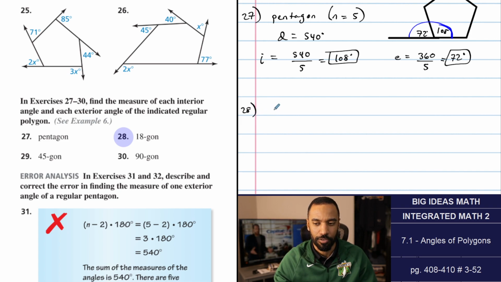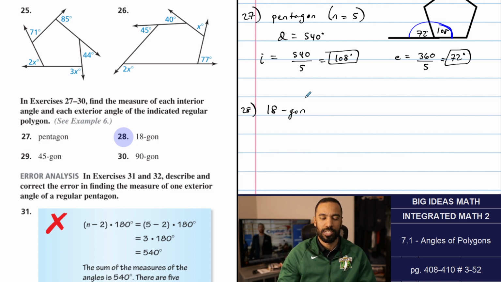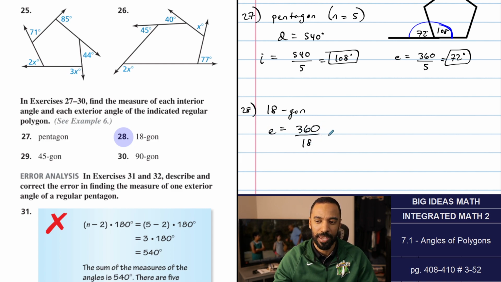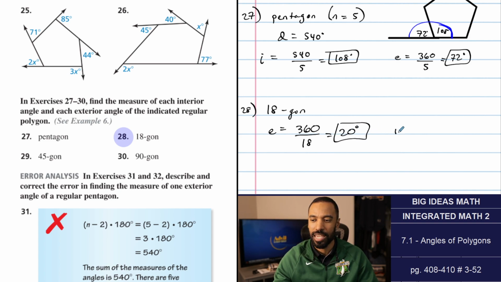And then we can go from there. So 18 gon, we know that means n equals 18. Let's find the exterior angle measure first. Let's do 360, the sum of those divided by 18. That's 20. They're each 20 degrees. The interior angle is 180 minus 20, which is 160.